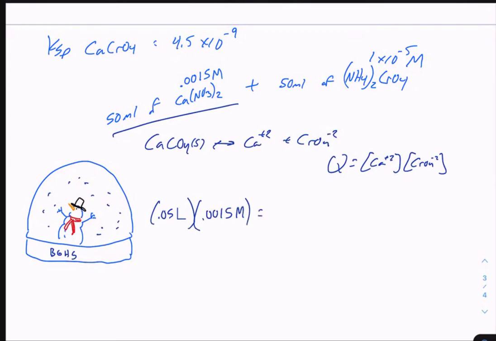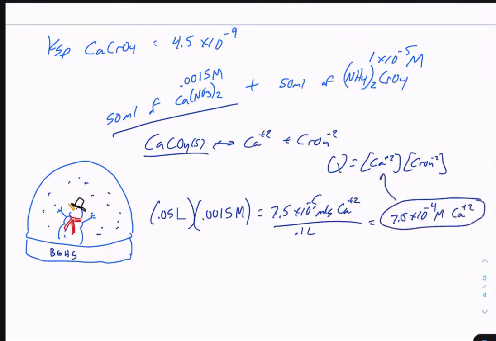All right, so we got 7.5 times 10 to the minus 5 moles of calcium. I know that this is only one calcium per formula, because when I look at the formula, I only see one. All right, our total volume of our solution is 50 plus 50, so 0.1 liters. So molarity is 7.5 times 10 to the minus 4 molar calcium. All right, our chromates.